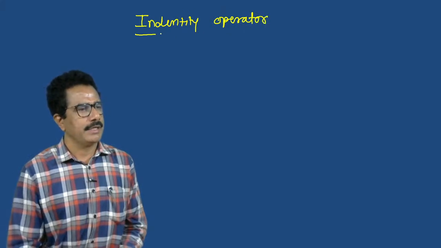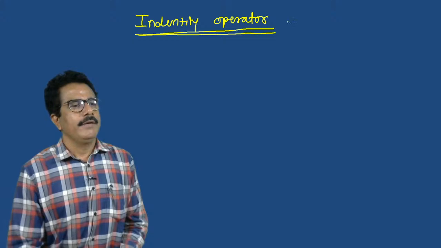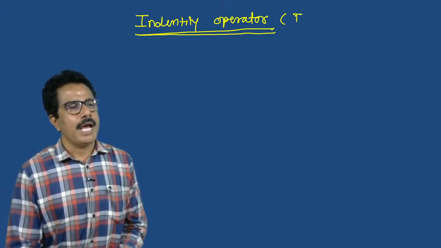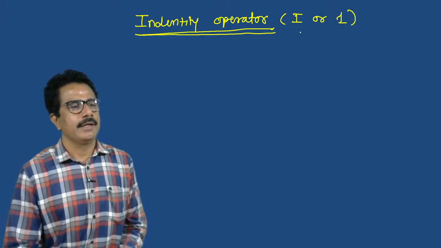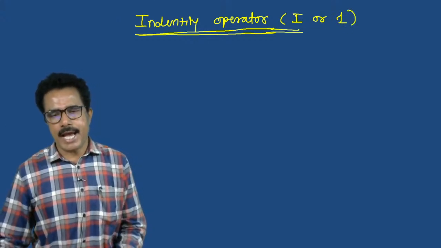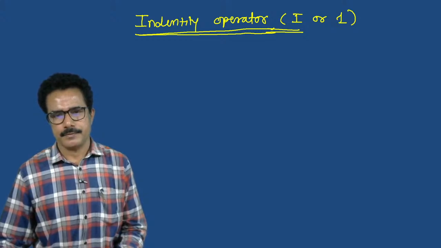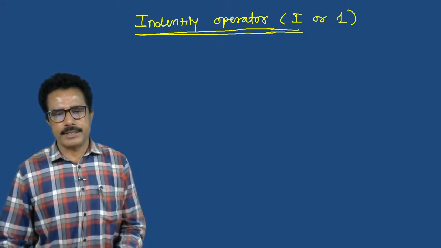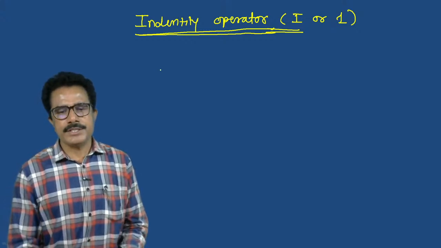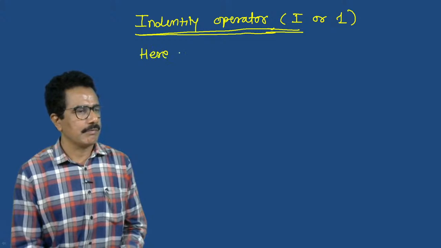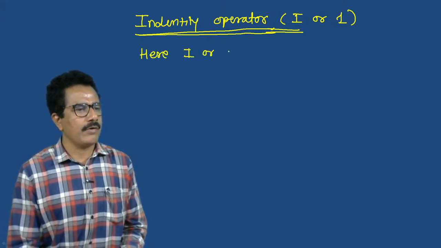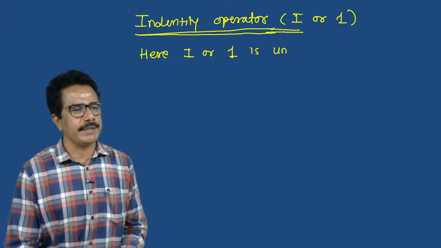Next we shall define the identity operator, which is denoted by I or 1. See this. So we discuss the identity operator. Here I or 1 is unity.